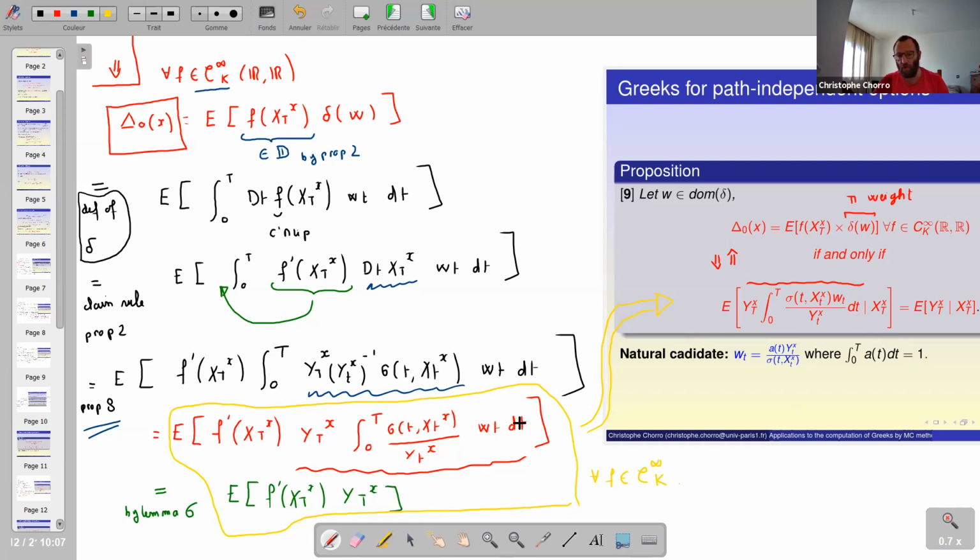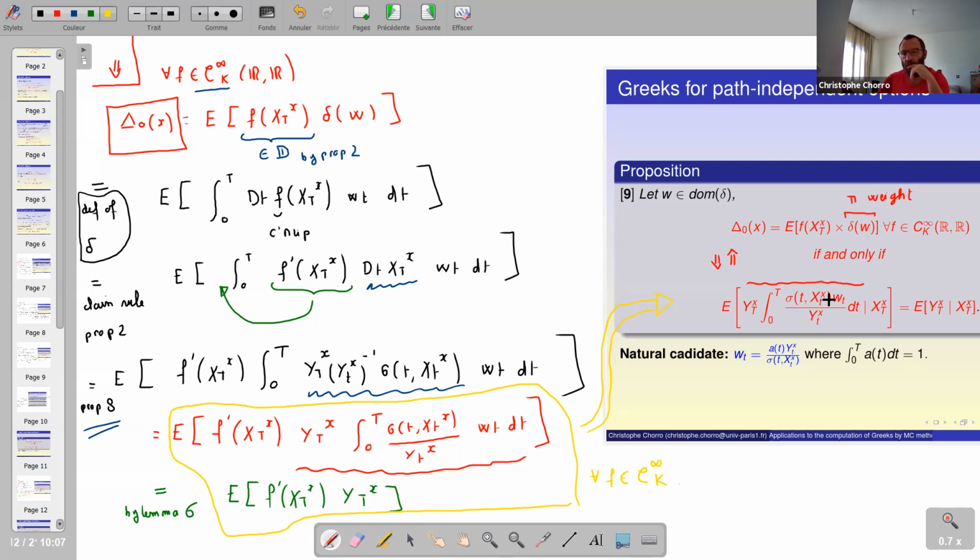I obtain this equality here, and from lemma 6 I remark that this expression is none other than this one. So the conditional expectations of this term and this term have to be equal with respect to the sigma algebra generated by this random variable. Exactly what I have here. So it's proved from the top to the bottom.